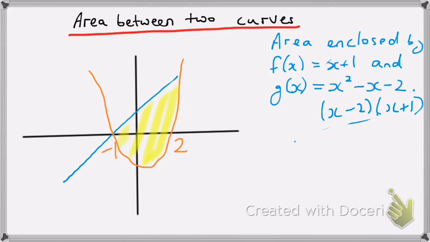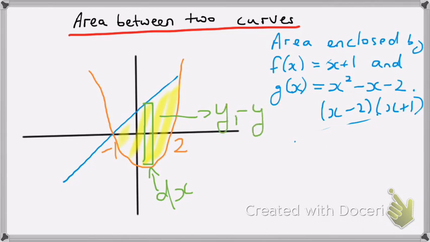If I go back to my very first lesson on finding the area under curves, we think about rectangles, and the rectangle in this circumstance is this one here, where we've still got width, dx or delta x, and we've got height, and this time the height is y1 minus y2, where the top one is y1 and the bottom one is y2.